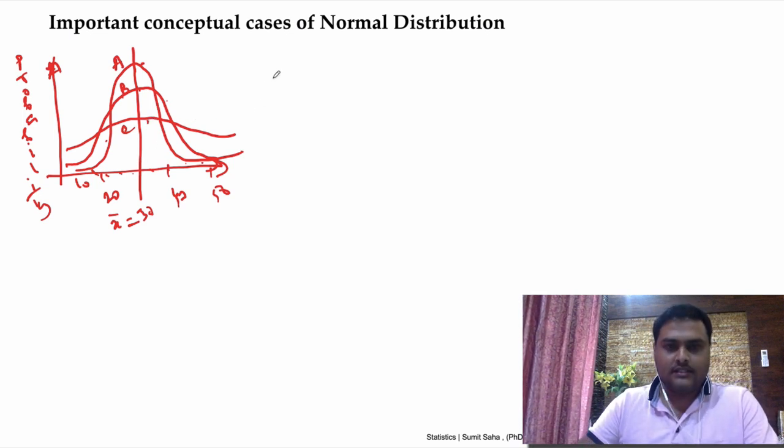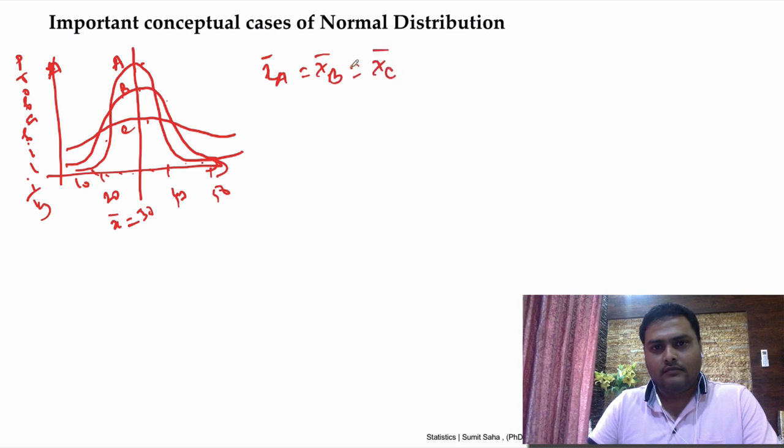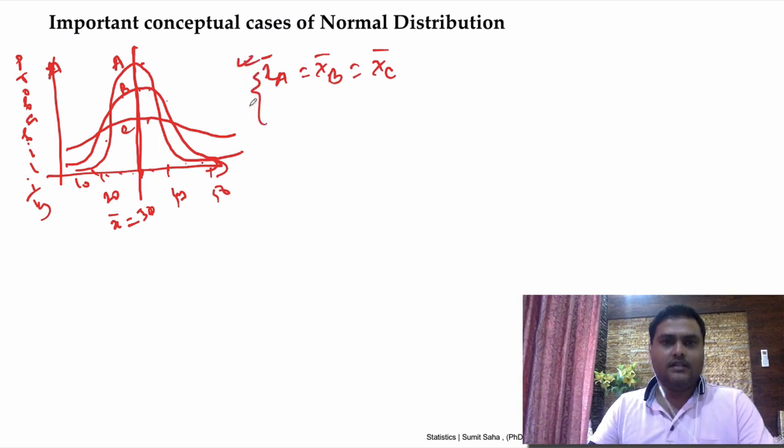Now let me do these things. So in this case, x̄A equals x̄B equals x̄C, because all the curves are normally distributed and the average is 30. So 30 is the average for curve C, curve B, and curve A. This is the condition whatever we can conclude, right?